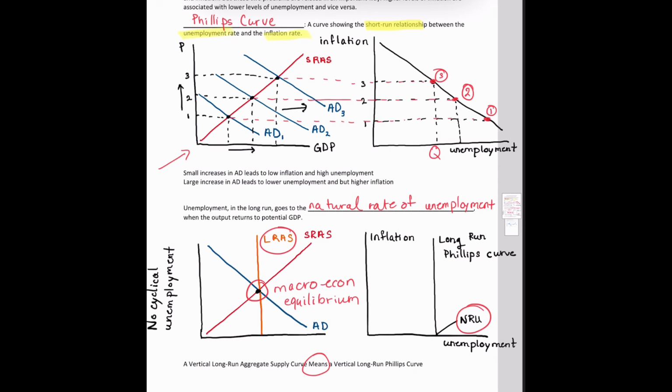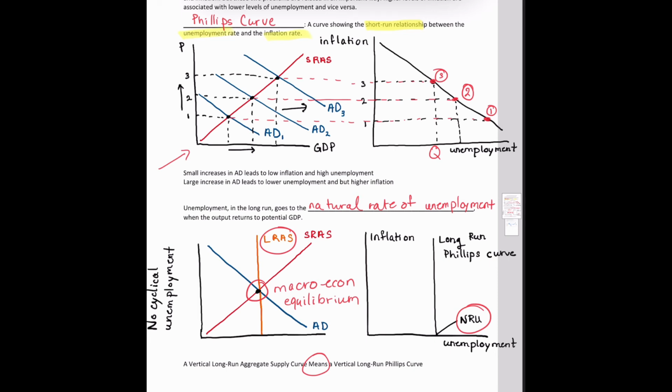So I'm not going to get into necessarily how the short-run Phillips curve and the long-run Phillips curve interact, but understand that you can put both of them on the same model and analyze how over time, if workers demand higher wages to compensate for increased inflation, then the economy eventually will return to potential GDP and will return to the natural rate of unemployment.